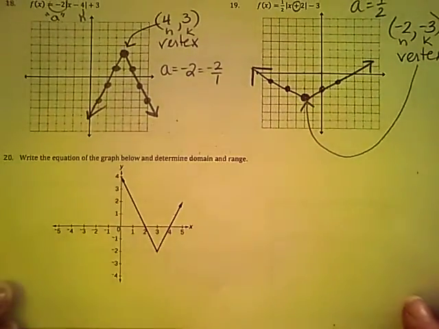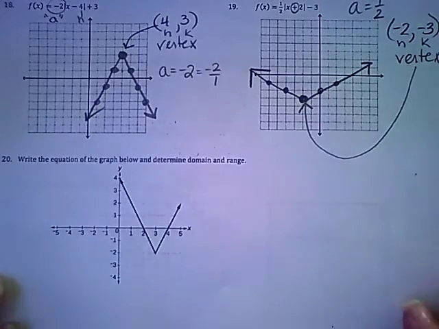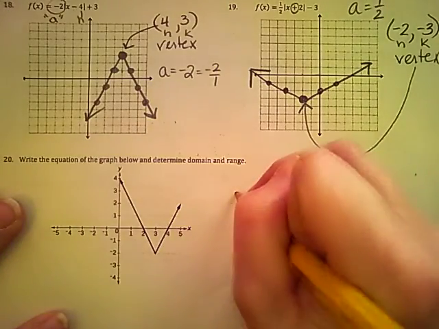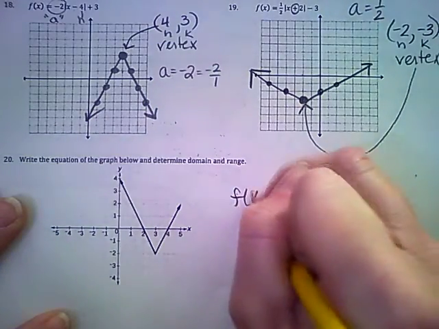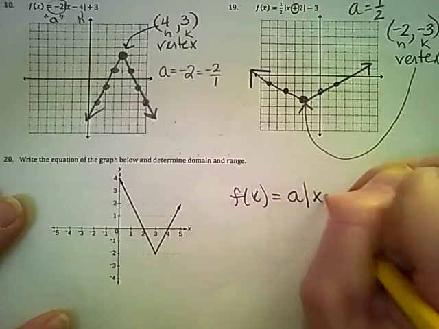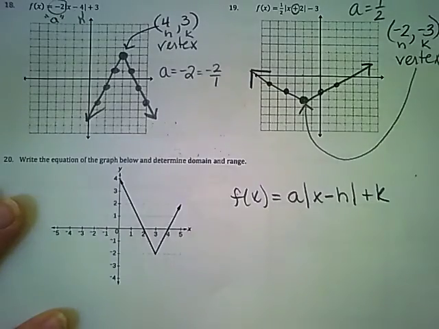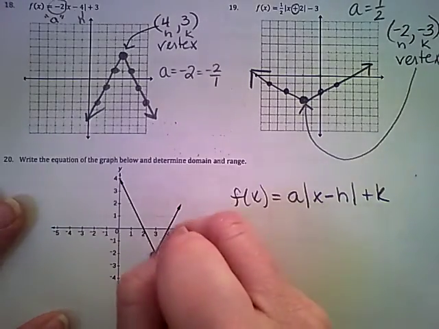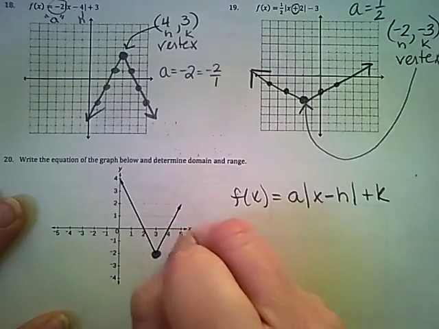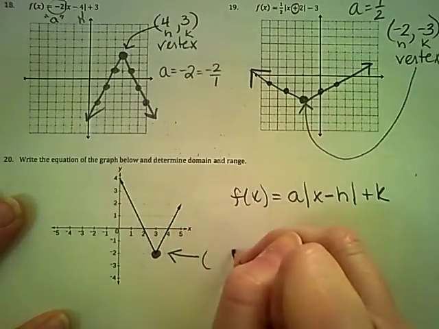Number 20, write the equation of the graph below and determine domain and range. This function is an absolute value function. So, important pieces you want to determine. Vertex point. What is this vertex point?